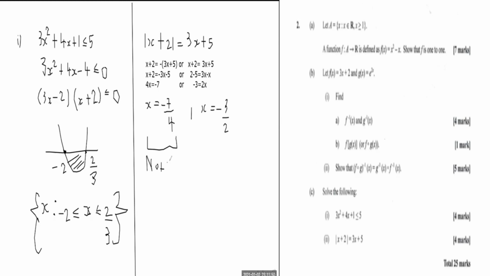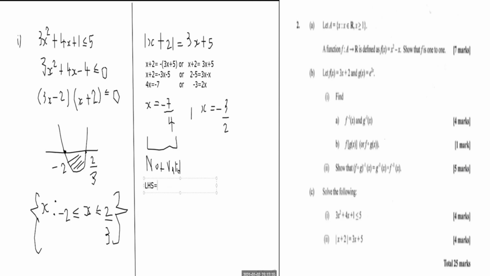All right, and you may ask, sir, why is this one not valid? This one is not valid because when you test the left-hand side, when you put in minus 7 over 4, you're going to get minus 7 over 4 plus 2, which is a quarter.